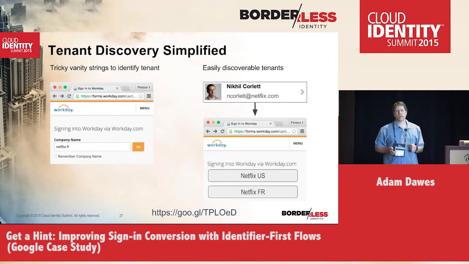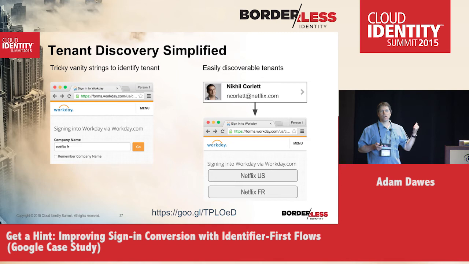One other thing to think about, particularly in the enterprise context, is that for many services there are multiple tenants. So Salesforce, for instance, or Workday, there might be multiple departments that have instances of those applications. And so a given user may actually need to disambiguate which of those instances they want to try to log into.